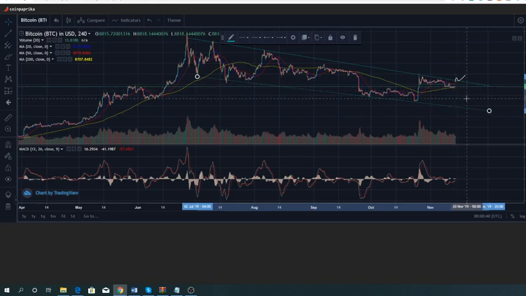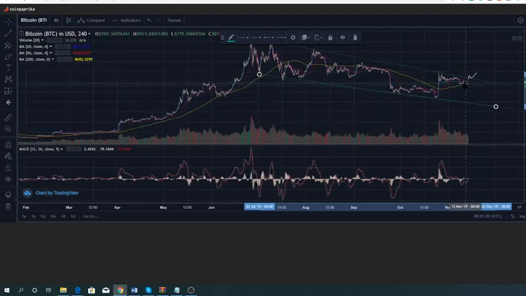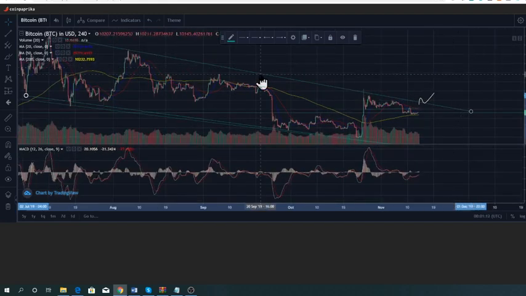If you're a high risk investor and on a long time frame, you can put your stop loss somewhere here, or below this low, below this average. Now that's my opinion. If I'm trading the market, I would be trading like that. I'm not a financial advisor, but that's my opinion for this particular asset.